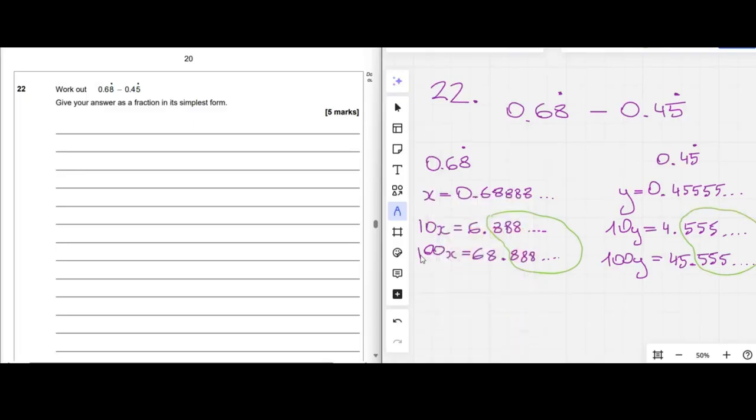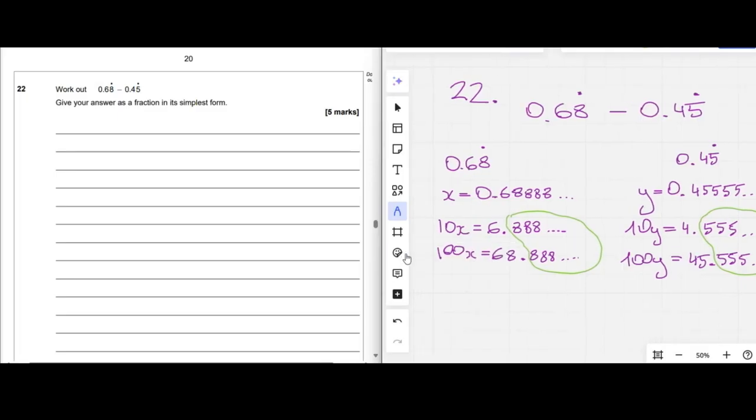So now let's mark the second equation as 2 and the first as 1. And we can then do second minus the first. So 100 minus 10 is 90x.